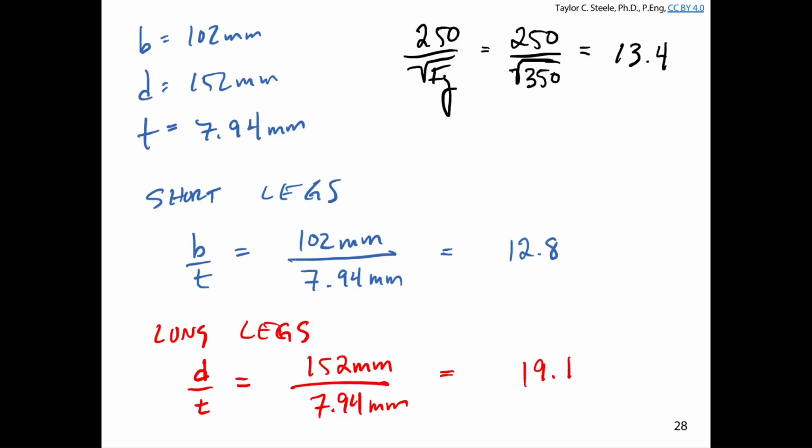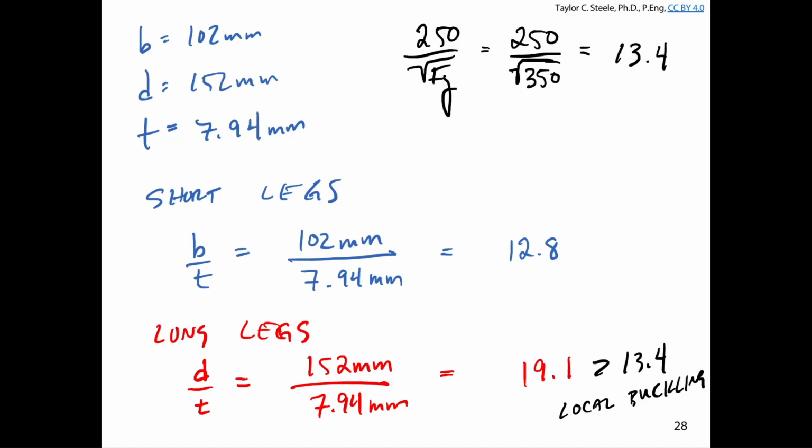Relatively speaking, the short leg is just meeting the limit, while the long leg is exceeding it by a reasonable amount. What that tells us is that this exceeds 13.4, and so we're going to get local buckling before yielding. And that means we need to calculate an effective area using effective leg lengths for the long legs.